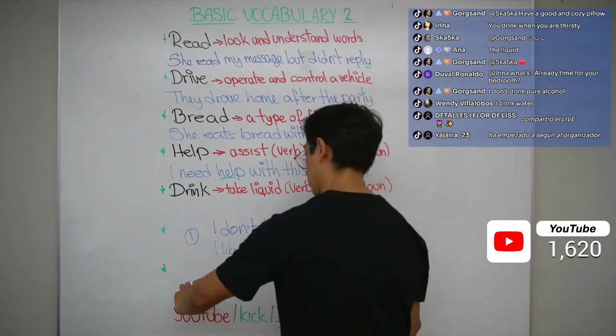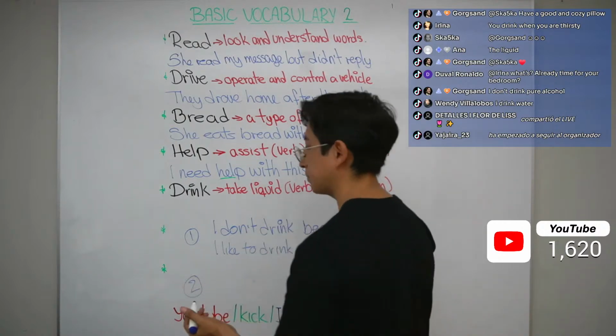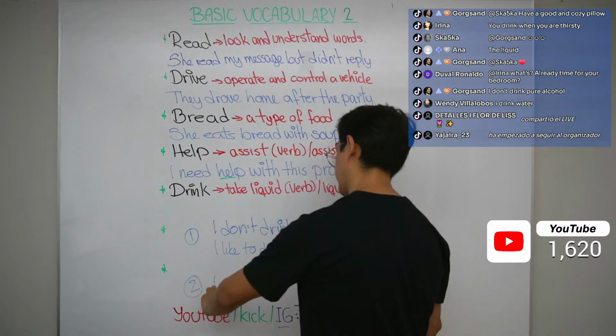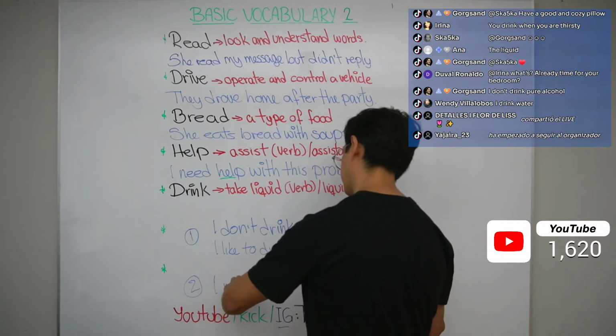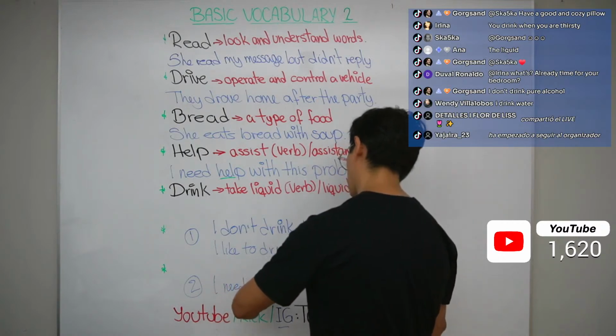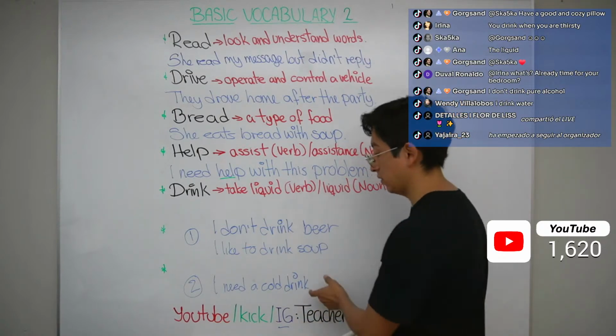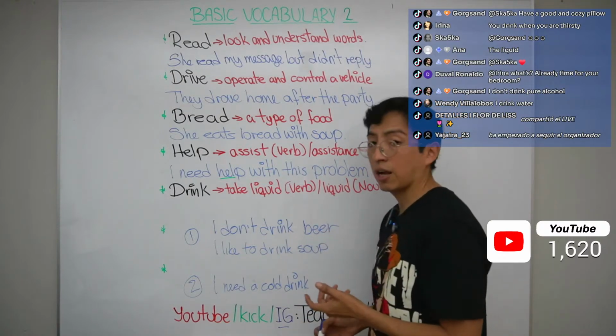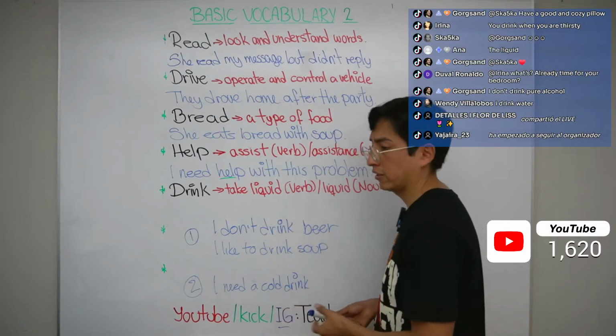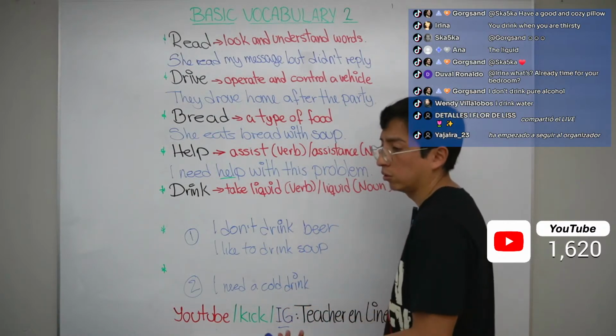And number two, we can use this for I need a cold drink. Look at this. I need a cold drink. I need to drink a cold beverage. Okay, or I need to drink something cold.